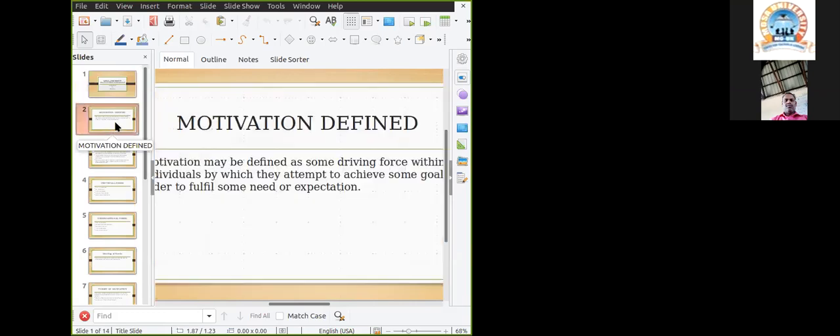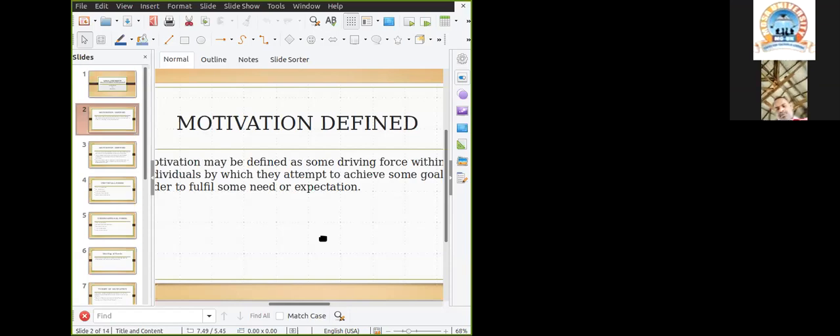So first of all, we are going to define what motivation is all about. What can we say is motivation? Motivation may be defined as an inner driving force within individuals by which they attempt to achieve some goal in order to fulfill some need or expectation.